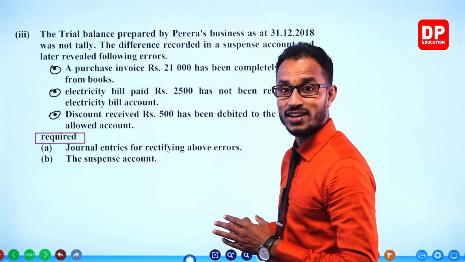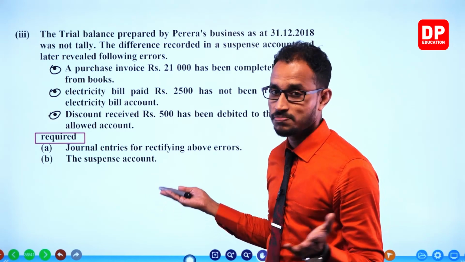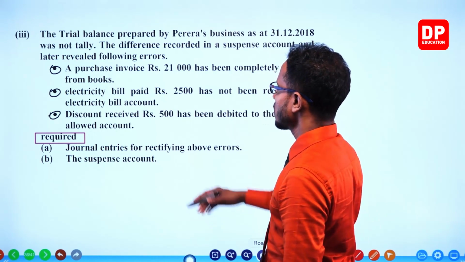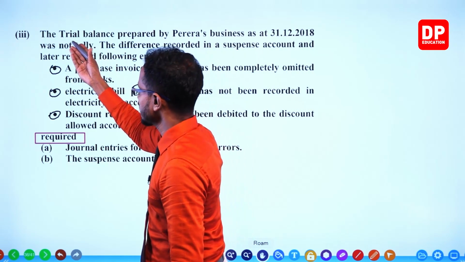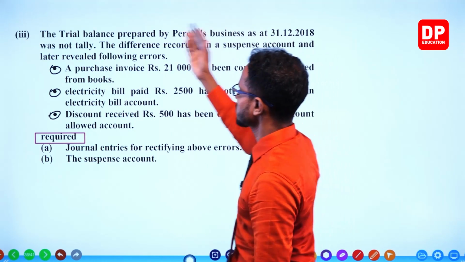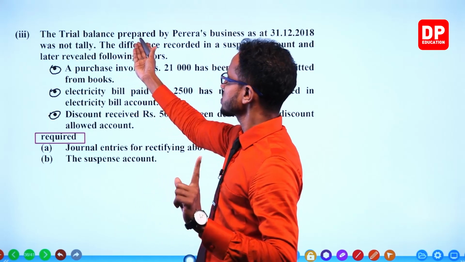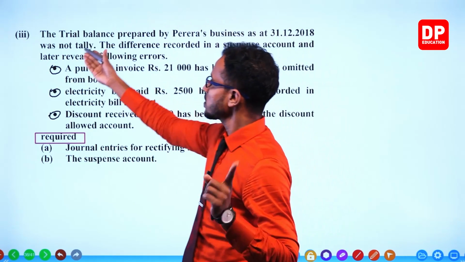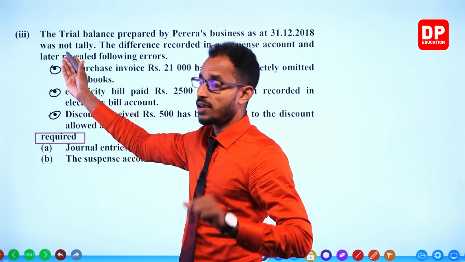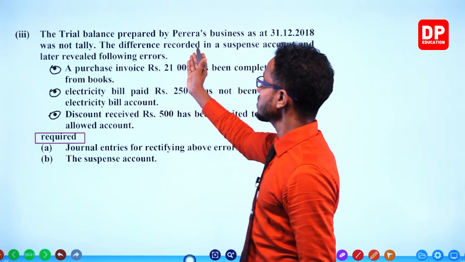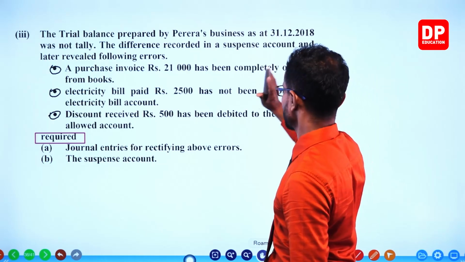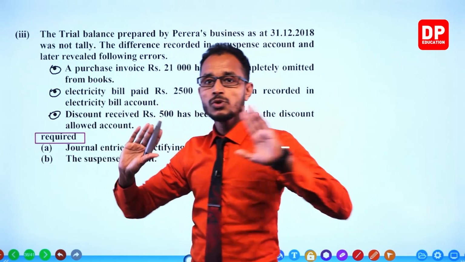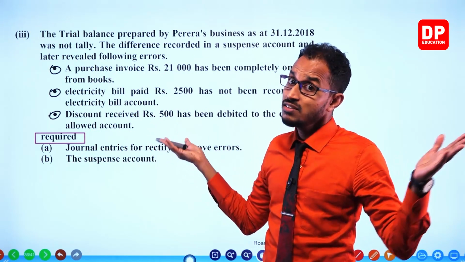We have to find the balance of the suspense account. Now, let's take the basic information first. Trial balance, Pereira's business, 31st December, didn't tally. Difference recorded in a suspense account. But the difference is not given. How much is the difference? We don't know.